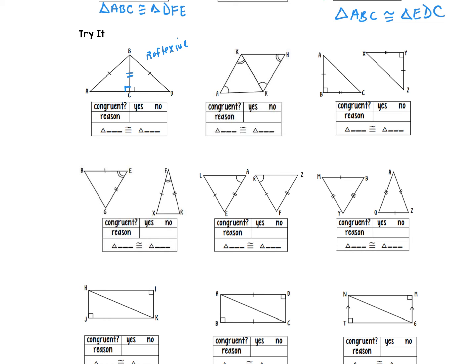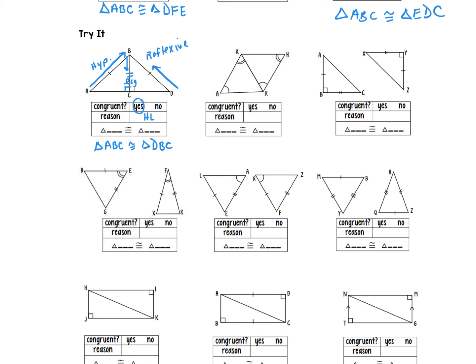Since these are right triangles, we are going to use hypotenuse, leg. So this is yes, hypotenuse, leg, and we can name it triangle ABC, congruent to triangle, and notice I went from A to B and then down to C. I'm going to go D to B, and down to C.